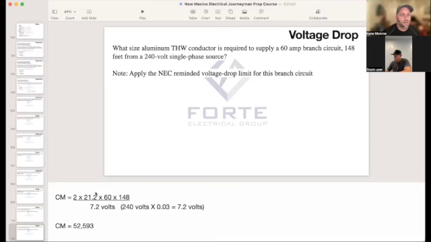Cool. Now, that's not your answer yet. Now you have to go back in the back of chapter 9, table 8, under aluminum, and take that circular mils and see what standard size aluminum we use.